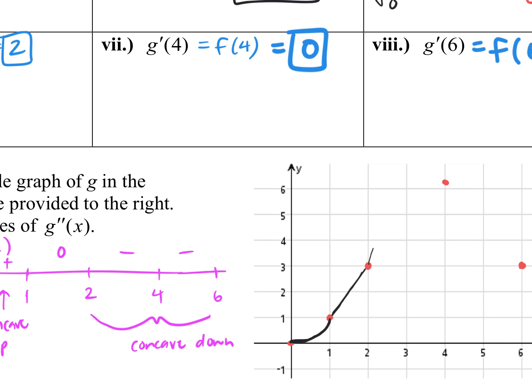So concave down, you're going to have an upside down parabola, something like that. Okay, remember, this is the graph g of x that we just drew. But we used the second derivative to tell us where our concavity is going to be. Is it going to be positive, so it's going to be up, or is it going to be negative, and then therefore the concavity would be down?